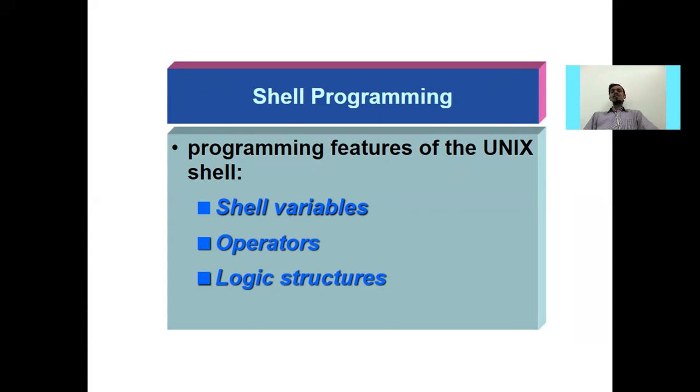The operators are arithmetic operators, logic operators, and relational operators, which are used in programming. Third is logic structure, like looping structure, decision making structure, and decision structures, such as if else, for loop, while loop, and other loops, iteration, and case logic structure.